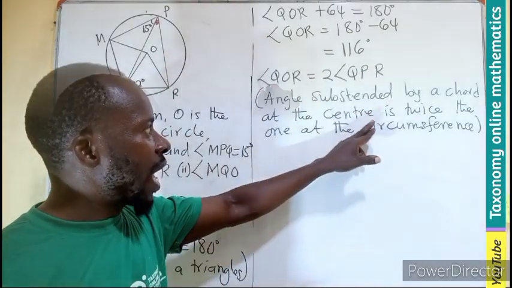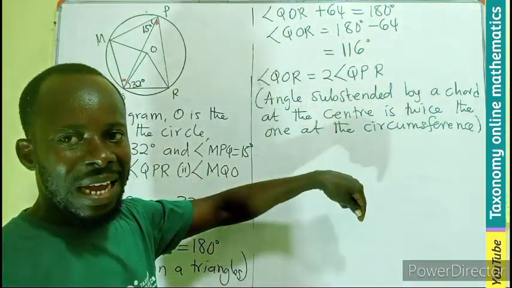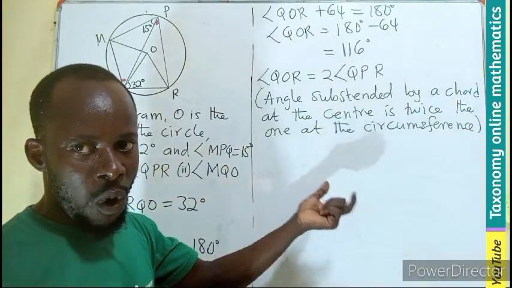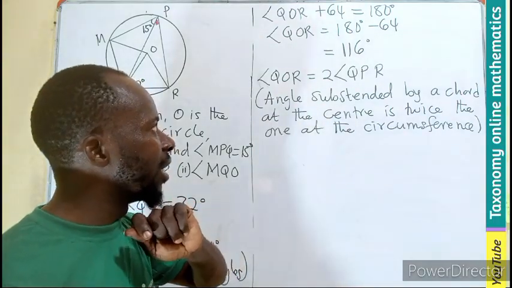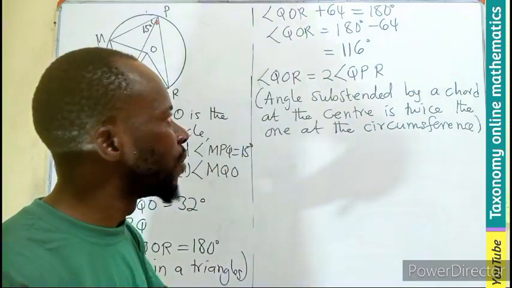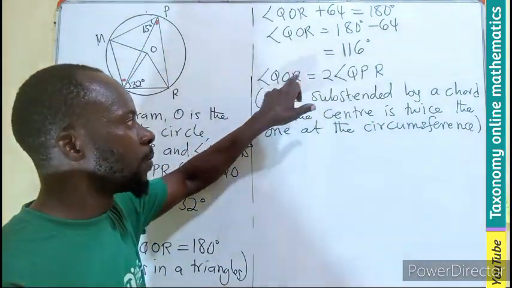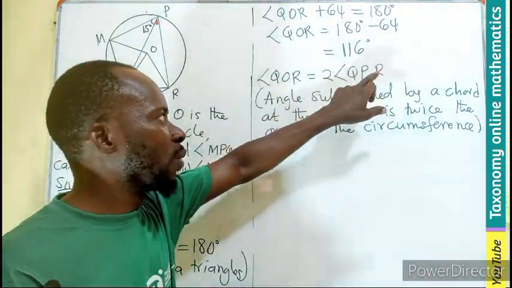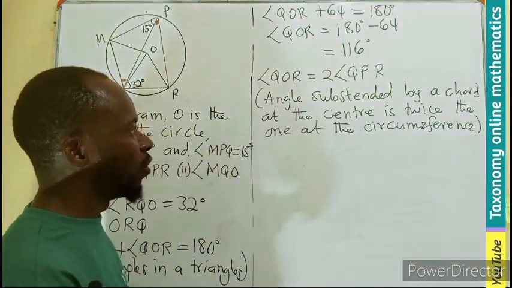What the property is saying is that the angle subtended by an arc or a chord at the center is twice the one subtended at the circumference. So this is going to be 2 times this, but this is what we are looking for, so we divide this by 2.